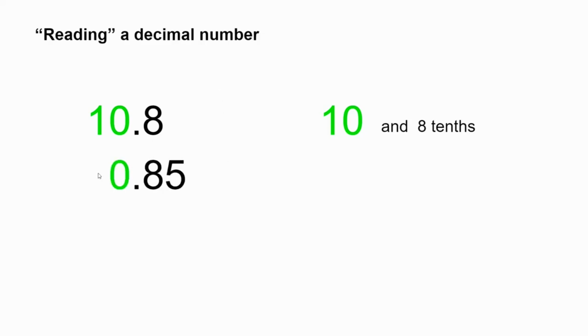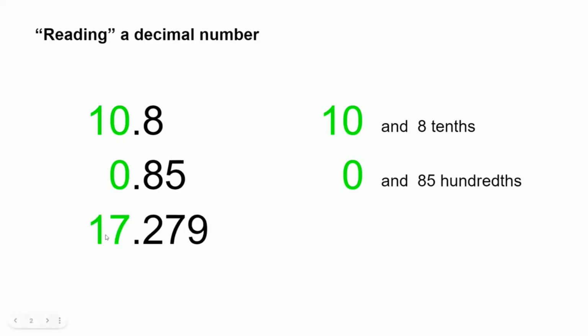Here we have another example, 0.85. Here we have no whole number part, so we might say 0. And because we want to look at this as one number, 85, and then consider how many places it goes out to, it goes out to the 100th place, 85 hundredths.